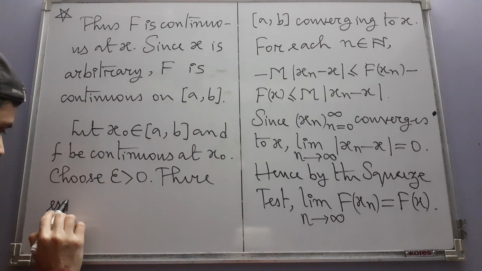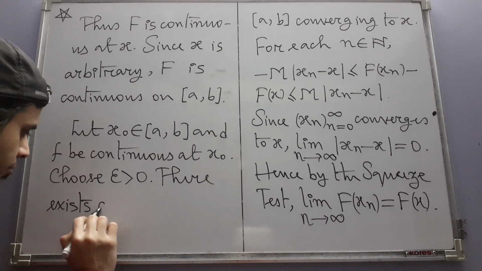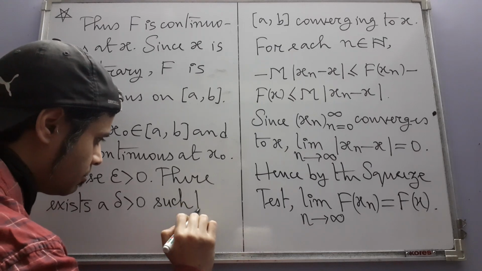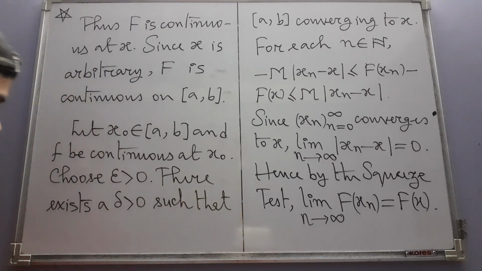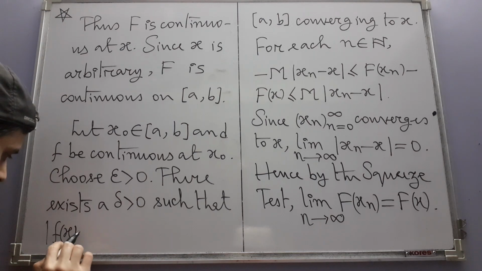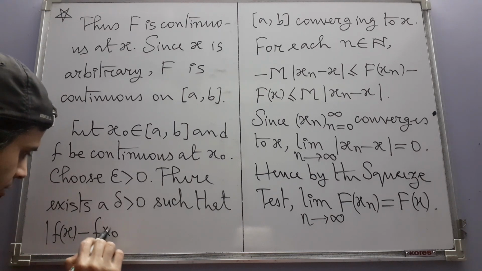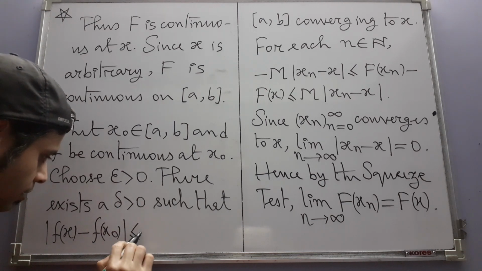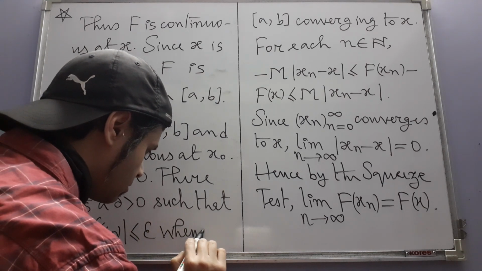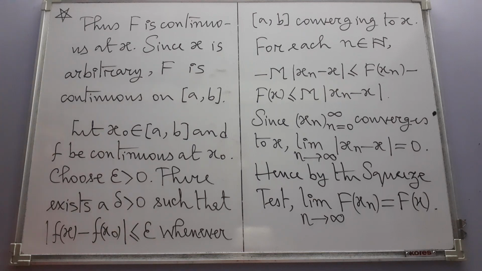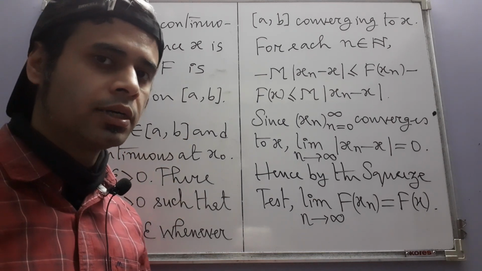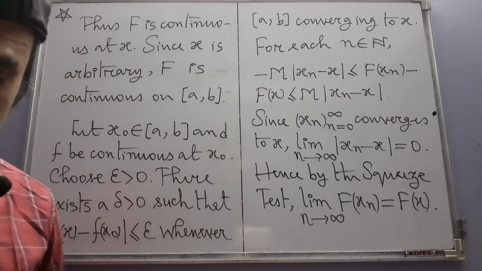There exists a positive delta such that the distance between f of x and f of x naught is at most epsilon whenever our x comes from the closed interval but also in the delta neighborhood of x naught.